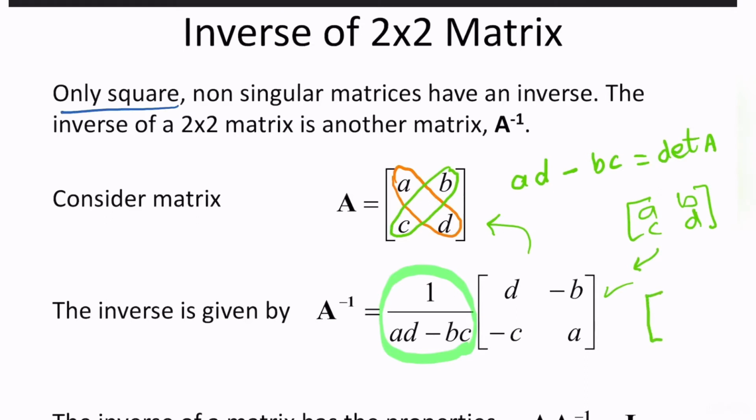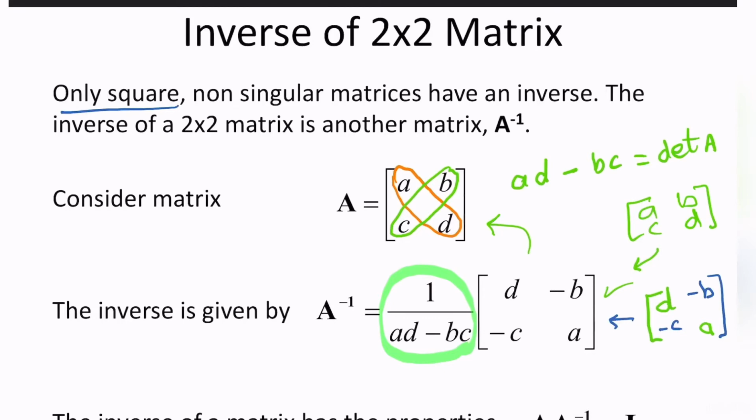So this becomes D and this becomes A. And also they change the sign for the other two elements. So this becomes minus B and this becomes minus C. Okay, and that's what it is here. So that's how to find the inverse. We need to find the determinant and we divide by the determinant and then multiply by this matrix after two changes, which is the diagonal swap over and the other diagonals change the sign for them.